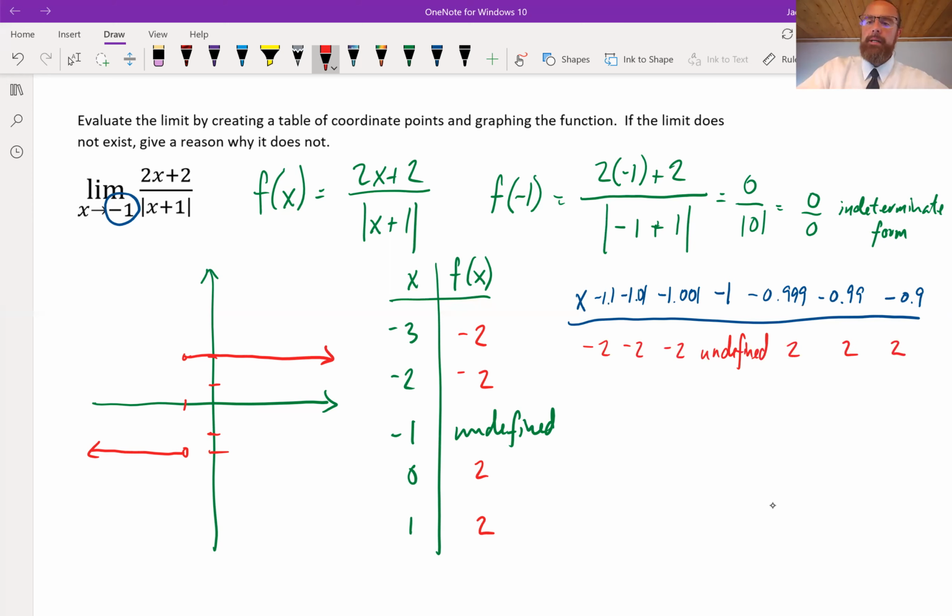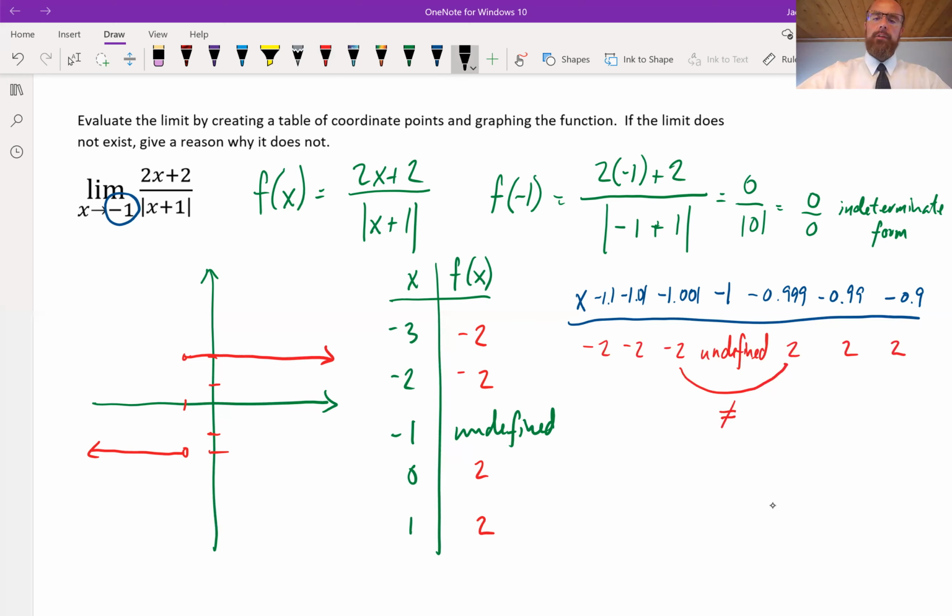And when I compare these two that are so close to -1, I see that they are not equal. The left-hand limit does not equal the right-hand limit. Now, when we get that situation, what we claim is that the limit of the function as x gets close to -1 does not exist.